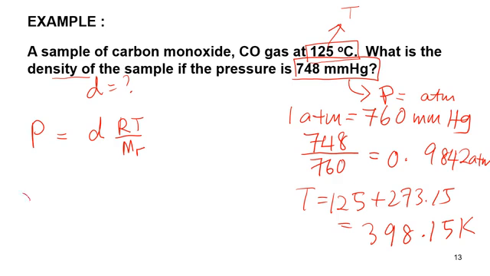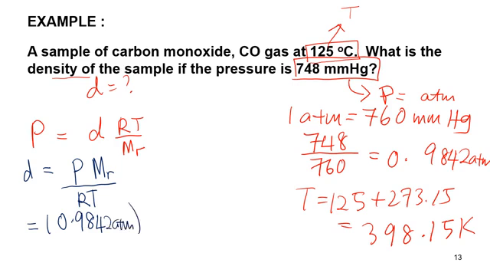So, kita akan dapat density sama dengan, okay. Saya tak susun balik siap tadi. Okay, nak senang kita rearrange the formula, di mana density is equals to P darab dengan molar mass bahagi dengan RT. Ini saya susun semula. So, substitute nilai pressure is equals to 0.9842 atm. Okay. Molar mass berapa? Dia bagi tahu dalam soalan tak? What is the molar mass? Molar mass of the CO, kita boleh kira kan?